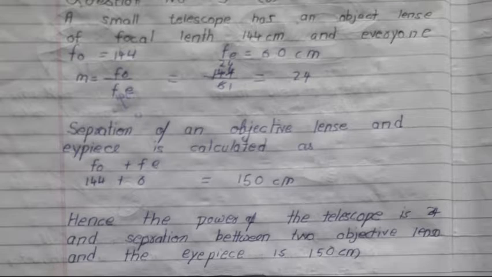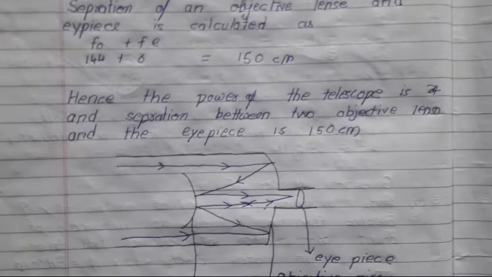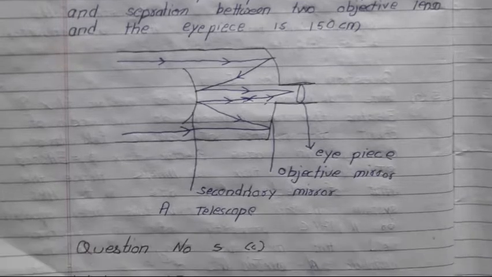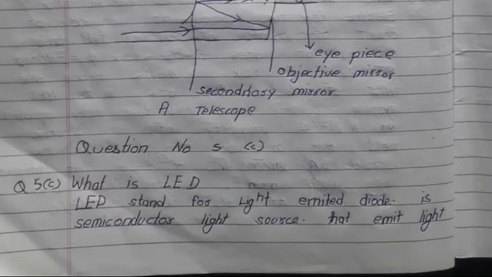The separation between the objective lens and the eyepiece is calculated as f0 plus fe, so it will be 144 plus 6, that is 150 centimeters. Hence the separation between the objective lens and the eyepiece is 150 centimeters.